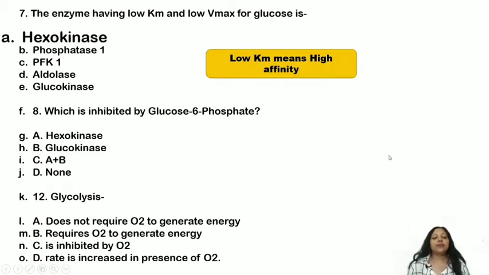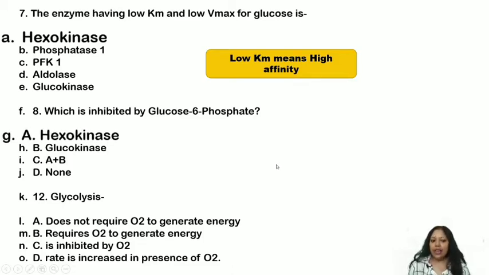Next, which is inhibited by glucose 6-phosphate? From where this moiety comes from? It is the first intermediate of glycolysis, okay? And obviously it should be inhibited by either hexokinase or glucokinase or both, but glucokinase is a liver enzyme and it is not inhibited by glucose 6-phosphate, and we have discussed this in the glycolysis video.